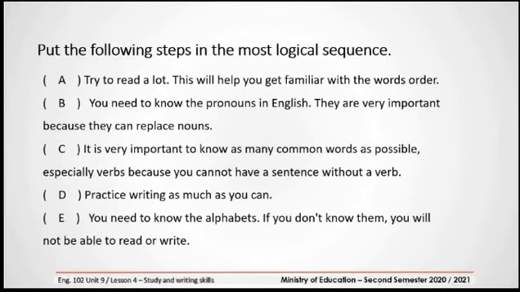Okay, Sajjad. So C is number one. B is number two. A is number three. D is number four. And E is number five.